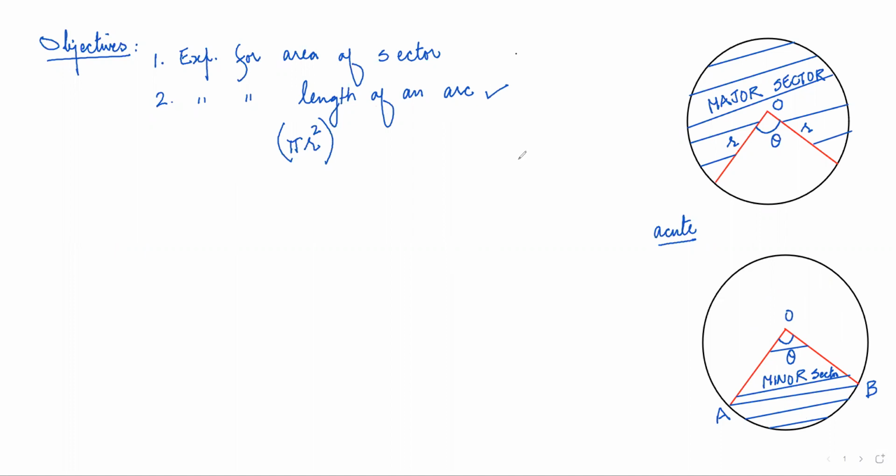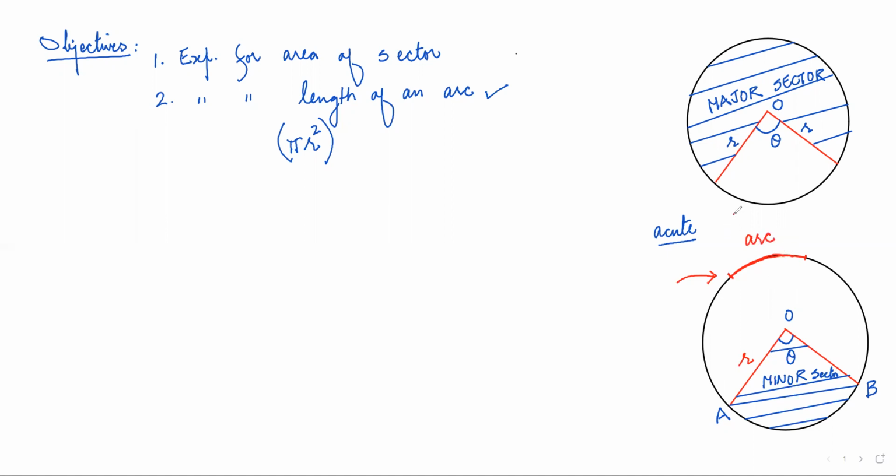What is the length of an arc? See students, this is the circumference of the circle or the boundary of the circle with radius r. Any portion of length, let's say this much portion shown by curved length in red color, is known as an arc.